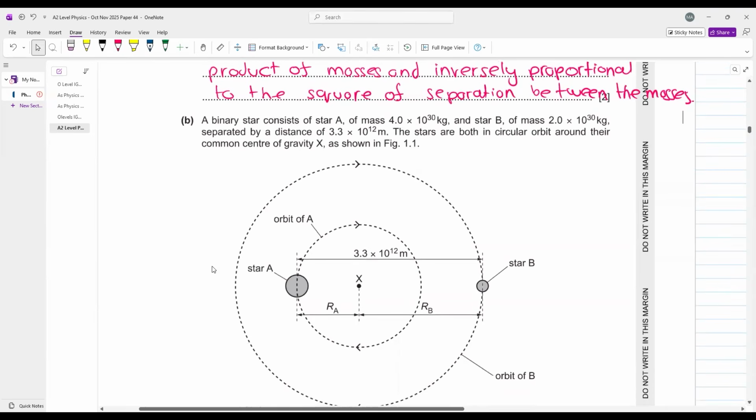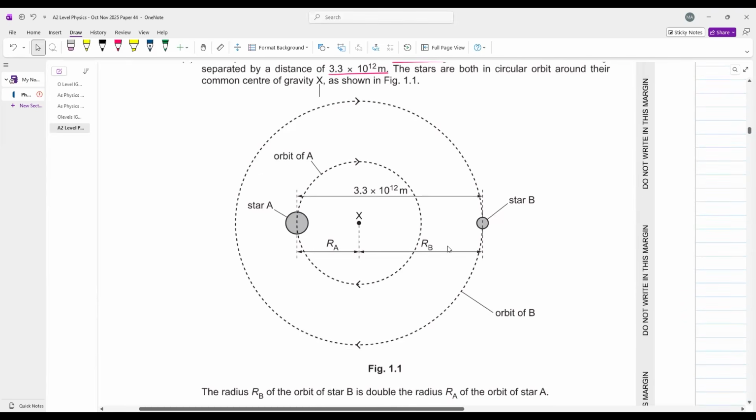A binary star consists of star A which has a mass of 4 into 10 raised to the power of 30 kg, and a star B which has a mass of 2 into 10 raised to the power of 30 kg. They are separated by a distance of 3.3 into 10 raised to the power of 12. The stars are both in circular orbit around their common center of gravity X as shown in figure 1.1.